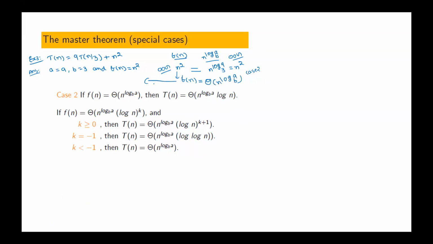So by case 2, T of n is theta of n power log a base b into log n, which is the same as n square log n. Is that correct? Is there any doubt in this?